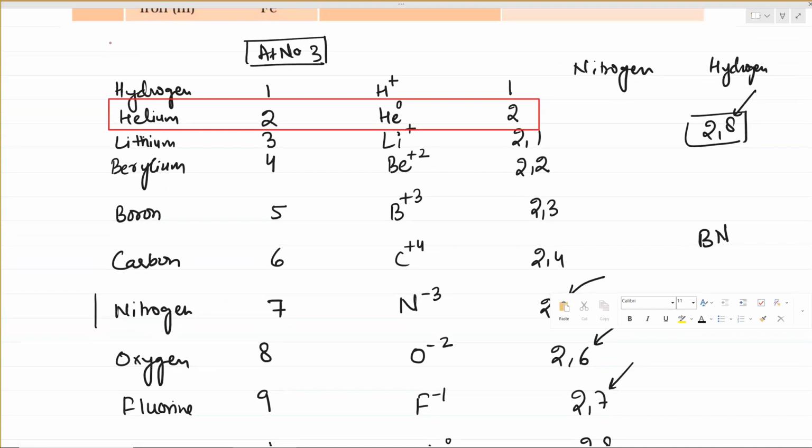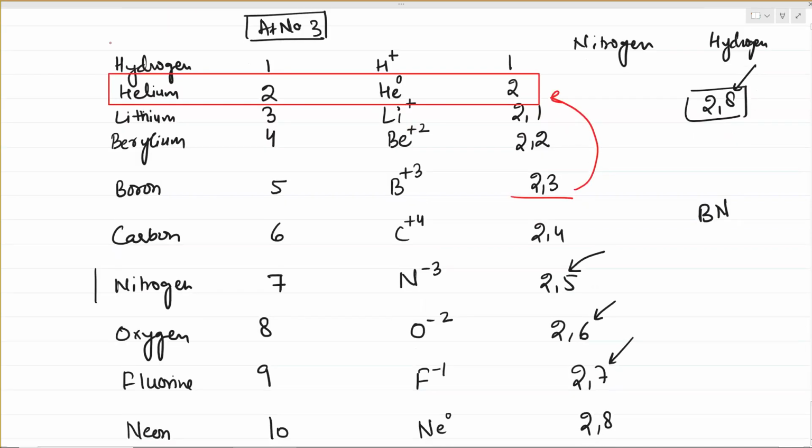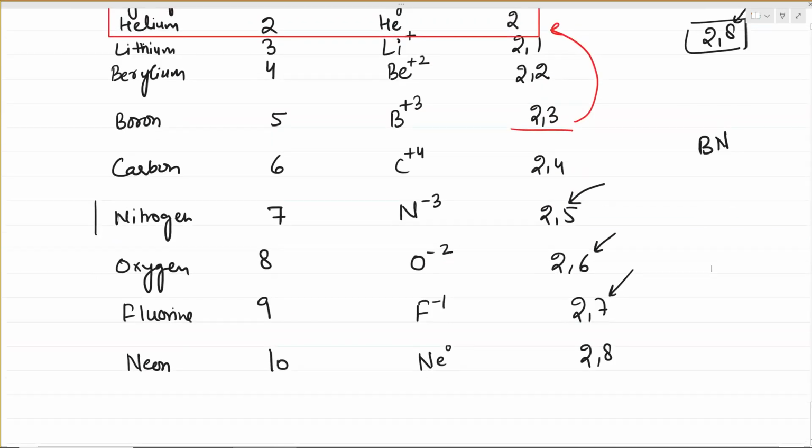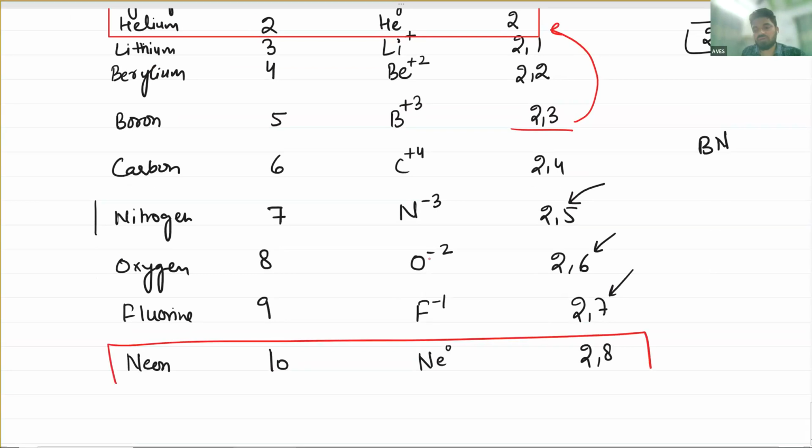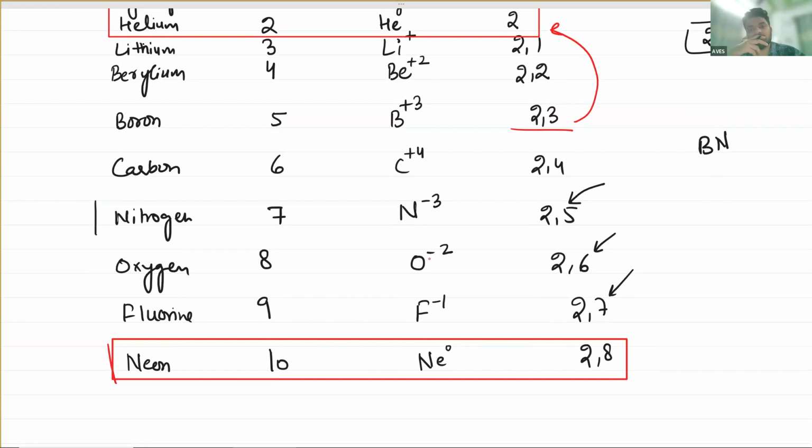So up to here, they all want to have the electronic configuration of helium, and from here they all want to have the stable electronic configuration of neon. You understood, everybody? Yes.